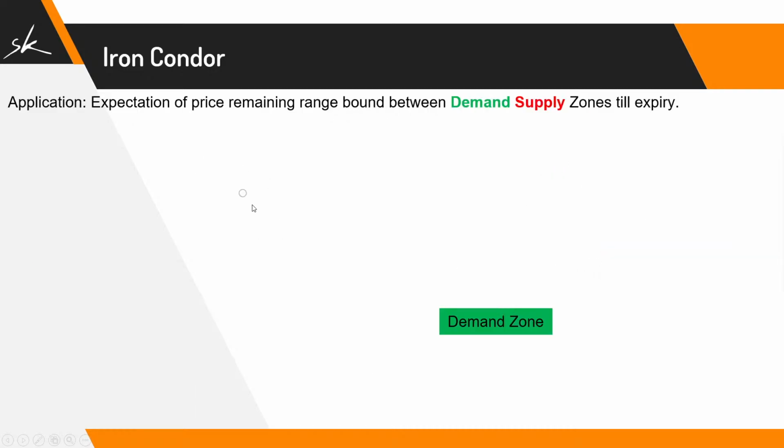So the way we do that is, first we need to identify our areas of demand and supply within which we are expecting prices to remain. Now, what were we doing with the short strangle? With the short strangle, we were selling an out of the money put which was at or below our demand zone, and we were also selling an out of the money call which was at or above our supply zone.